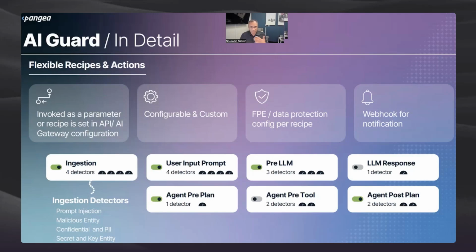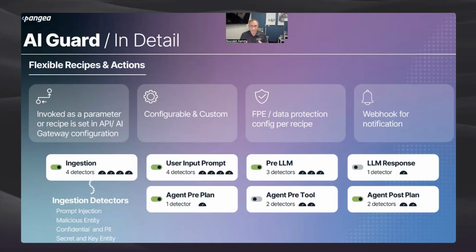Now, of course, this API call can be integrated with your application, but we also provide these APIs where you don't have to really modify any application code because we integrate with things like API gateways and frameworks like LangChain. We provide the ability to invoke these APIs as a browser plugin when the user is interacting with AI applications.